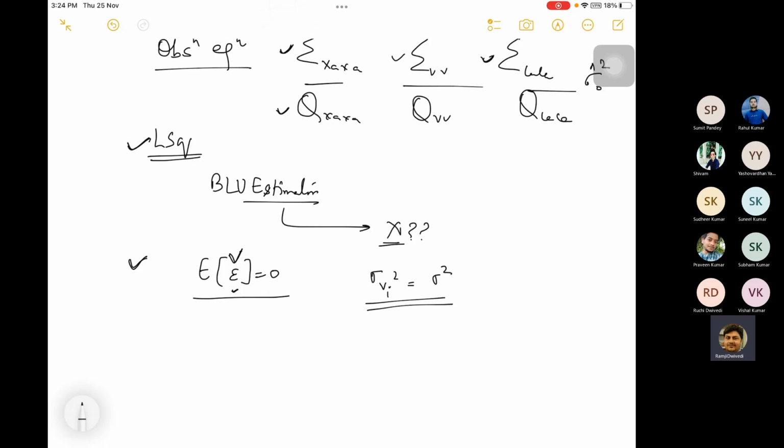Although we do not want any kind of residual, what is expected from the residual is that the mean of error should be 0, but it is supposed to have certain variation, and it is expected that all residuals should have the same variance. So these were the assumptions that we have taken into account.